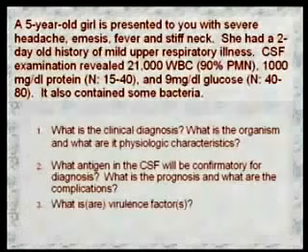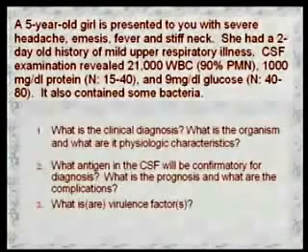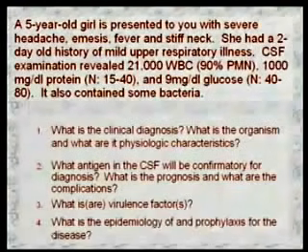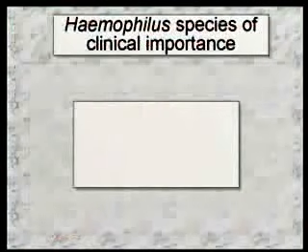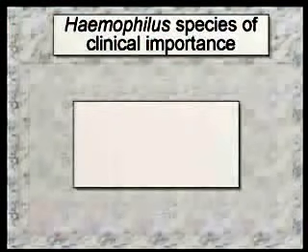What are the virulence factors of the organism? That will be a continuing question for all organisms that we talk about. And what is the epidemiology and prophylaxis for the disease? So the same questions as we asked when we were talking about pertussis.